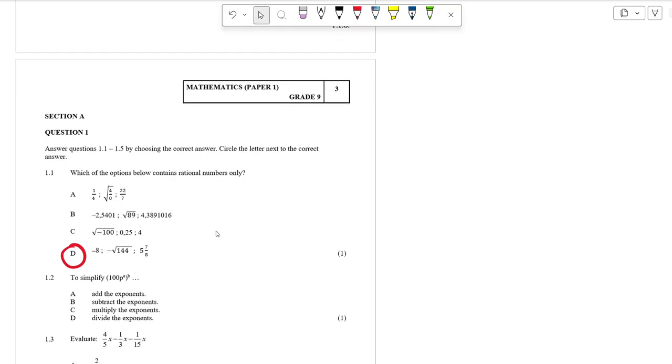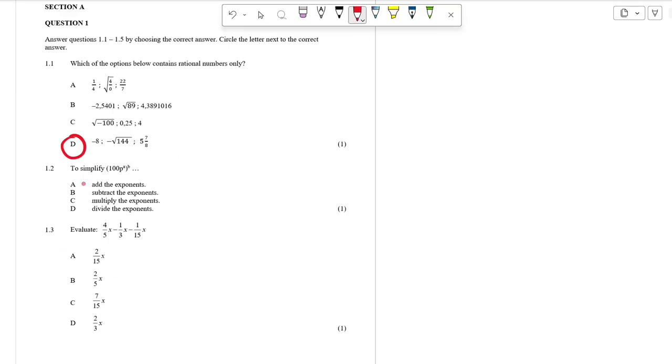Your answer is D. And then here they say to simplify, we are given 100p to the power of A, to the power of B. When do we add exponents? You only add exponents when multiplying.